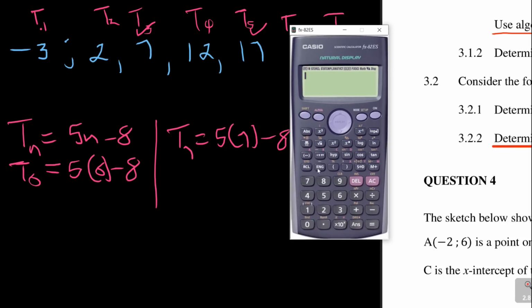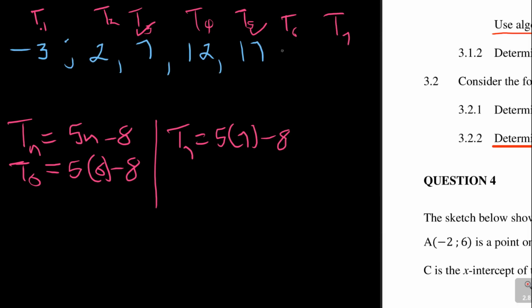So let's start with T6. 5 times 6 minus 8 is 22. With 7, you see 27. So here it's 22, and here it's 27. So you can predict in every 2. Look at this. We can literally take out from here, here, here, here.